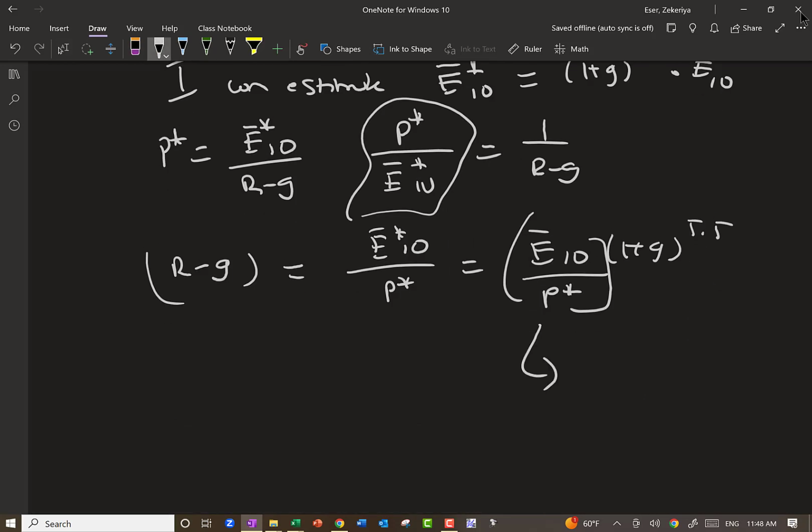But you recognize this as 1 over CAPE, and we have a number for that.